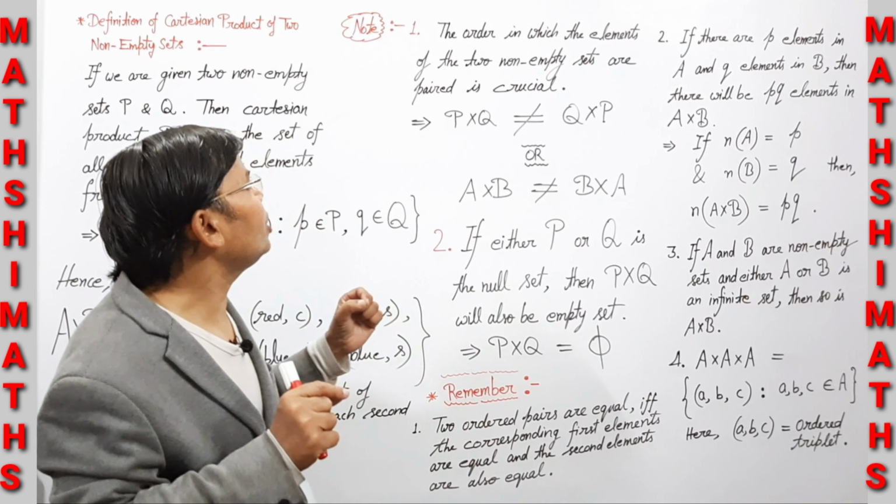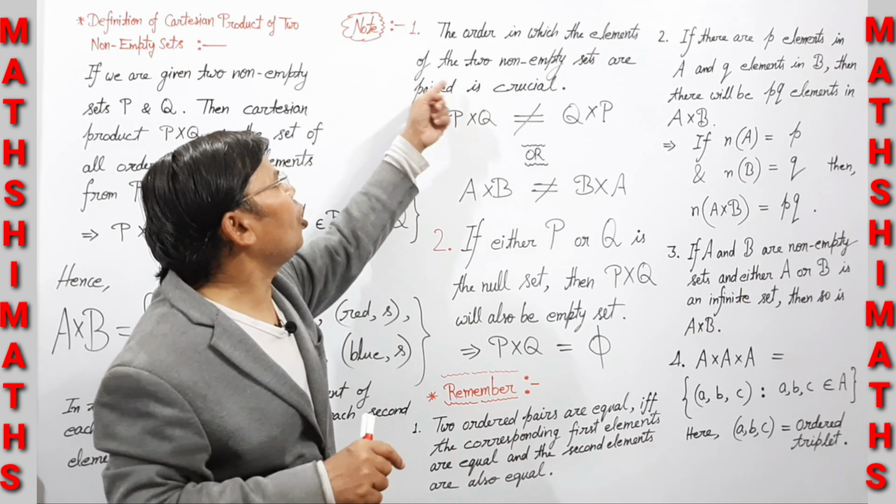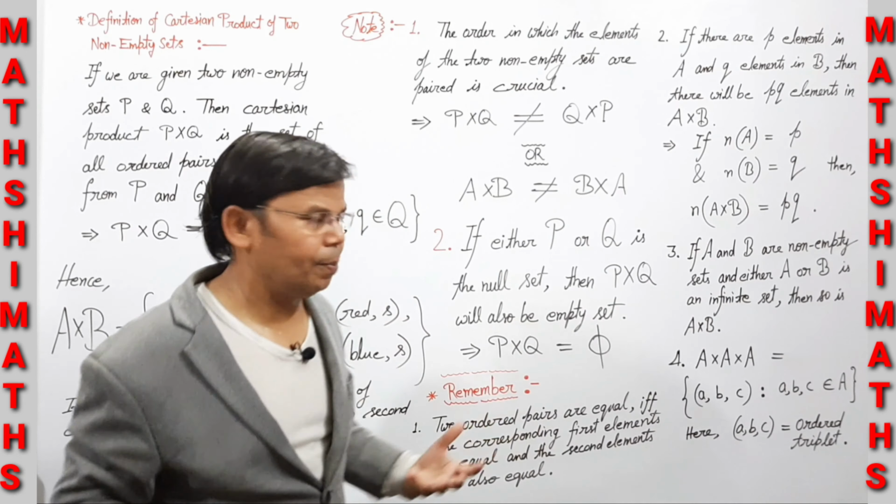It implies that you can't write the Cartesian product of set P and set Q is equal to that of set Q and set P. Hence we write the Cartesian product of set P and set Q is not equal to the Cartesian product of set Q and set P. In simple words, the product of P and Q is not equal to the product of Q and P. Or if you have two other sets A and B, then you can write the Cartesian product of A and B is not equal to the Cartesian product of B and A.